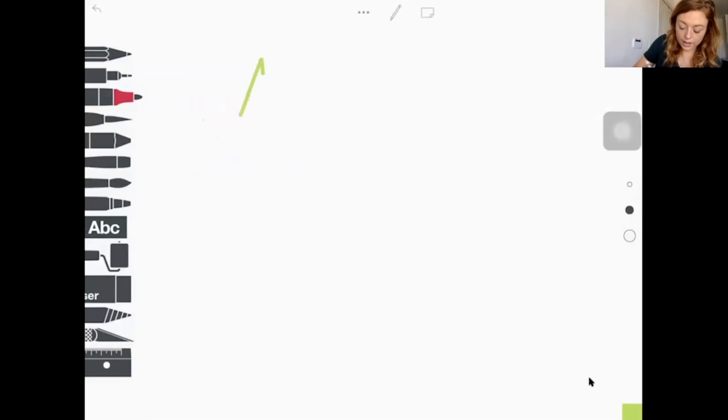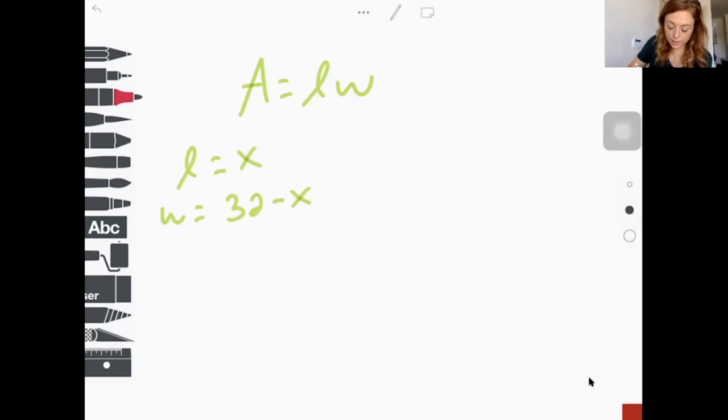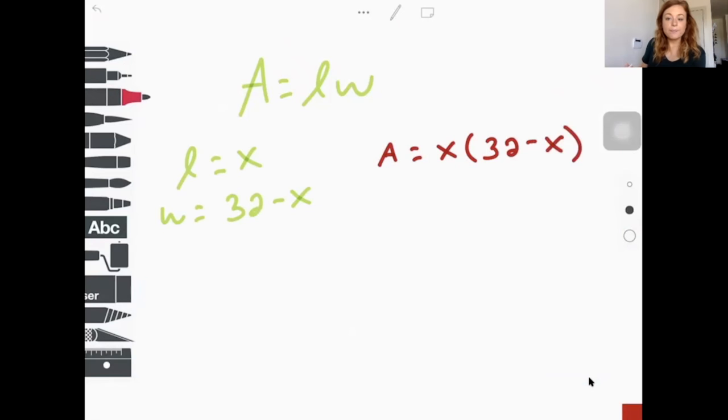So we have A equals length times width. We have a length of x, and a width of 32 minus x. So let's put those all together. A equals x times 32 minus x. Now I'm going to distribute the x to both pieces and get rid of those parentheses.